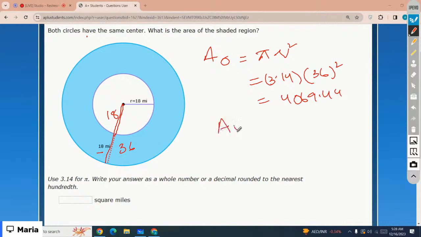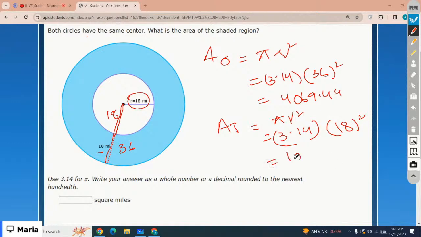The inner one has the radius 18 miles. So that is pi r square, 3.14 times 18 square, right? So just do 18 times 18, 18 times 18 times 3.14. That is 1017.36.